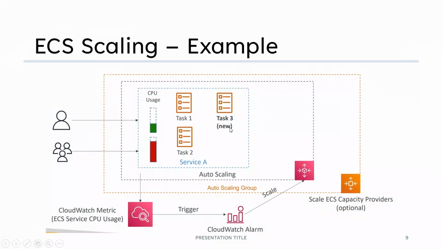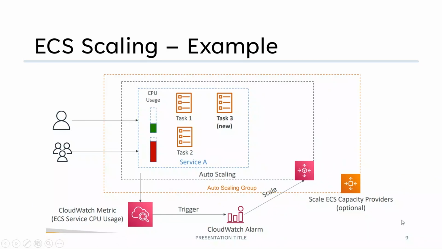Now how will you enable your underlying EC2 instances to scale automatically? For that, you need to enable ECS capacity providers. We saw that option, and it was optional. You will create a CloudWatch metric, which is ECS service CPU usage. It will trigger a CloudWatch alarm, and then it will scale your autoscaling group automatically.